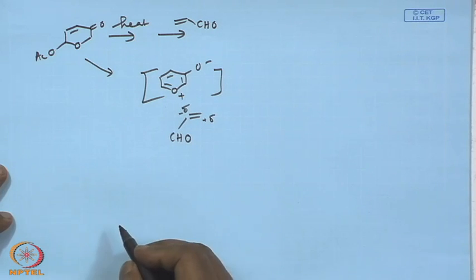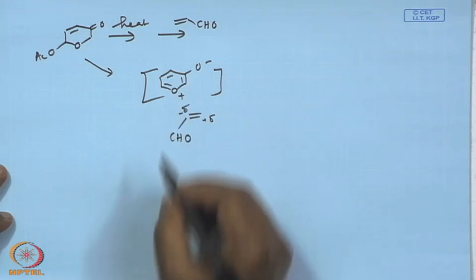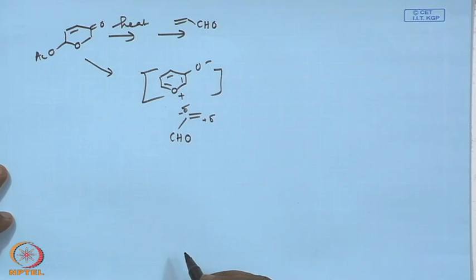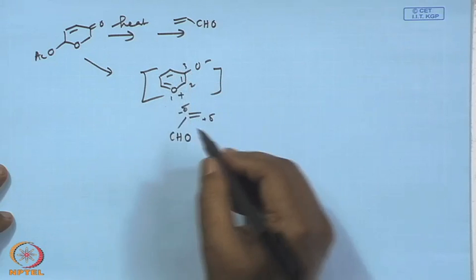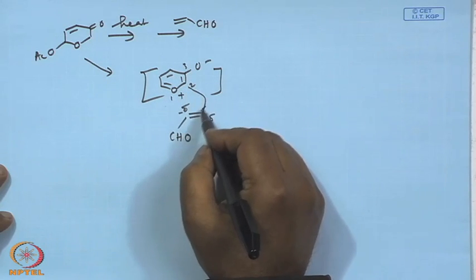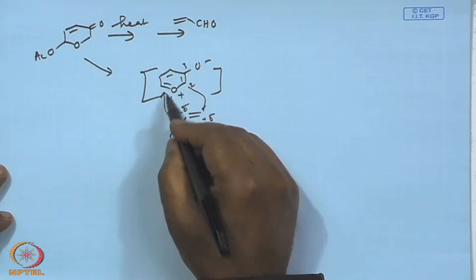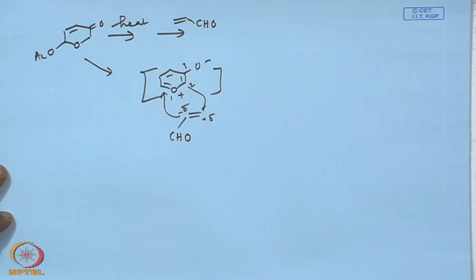And in the case of the pyrylium ion, of course the electron rich carbon is the second carbon, 1, 2, 3, second carbon. That means this goes here and then this is reacting with the other carbon. That means the bonds are being formed across the ring oxygen, that is how you can remember, okay.